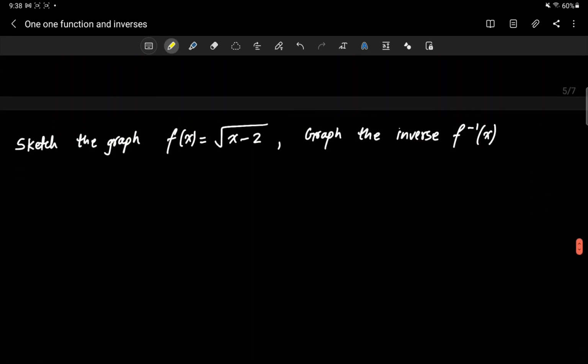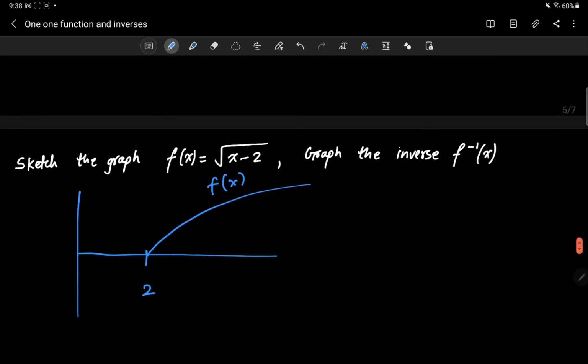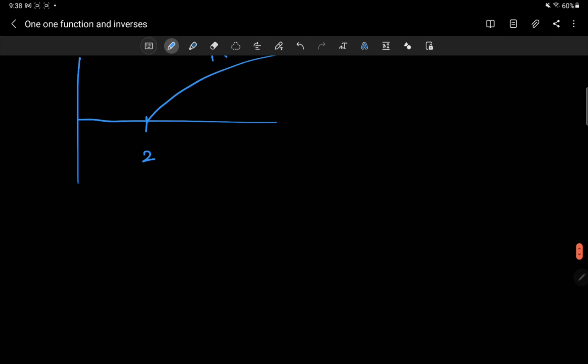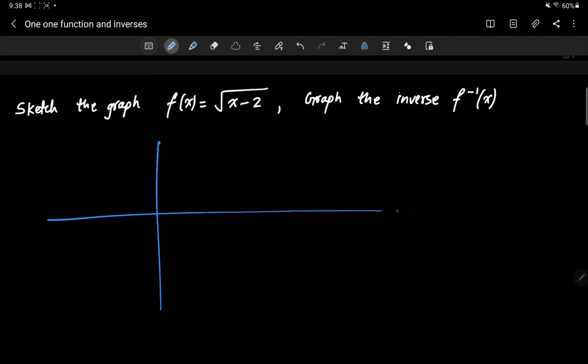Sketch the graph of the square root of x minus 2. That is a radical function, which means x has to be more than 2, and at 2 it is 0. So that is f(x). Now, that's the line y equals x.